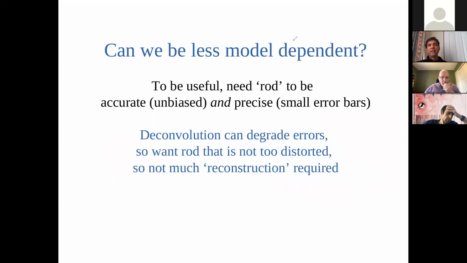But if we want to make a rod, then not only do we want the rod to be unbiased, but we would also like to have small error bars that came with the rod. And so the concern is that by removing the bias, by doing this kind of reconstruction, you're paying a cost in increasing error bars.